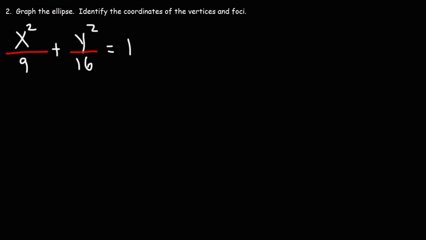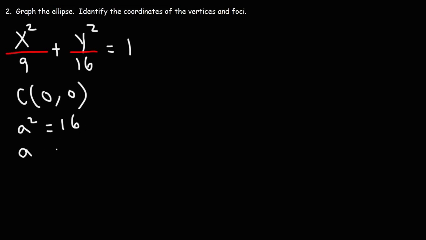So the first thing we should do is identify the coordinates of the center. There's no h or k for this problem, so the center is going to be the origin. It's 0, 0. Next, we need to determine our a squared value. Is it 9 or is it 16? a squared will be the larger of the two numbers. 16 is greater than 9, so a squared is 16.